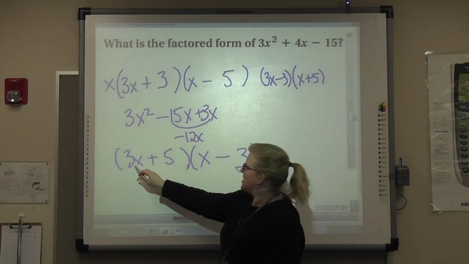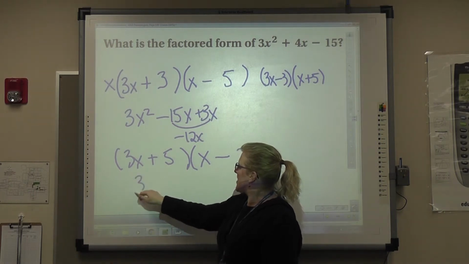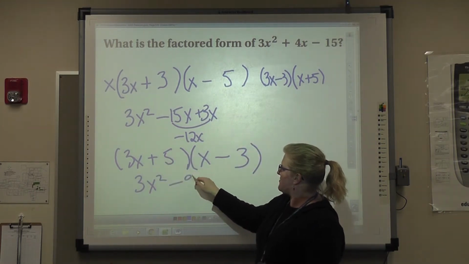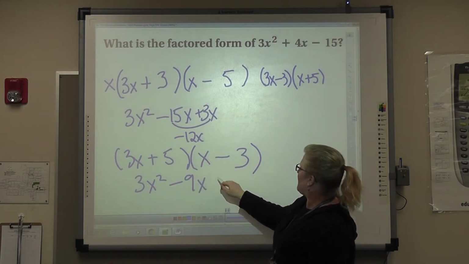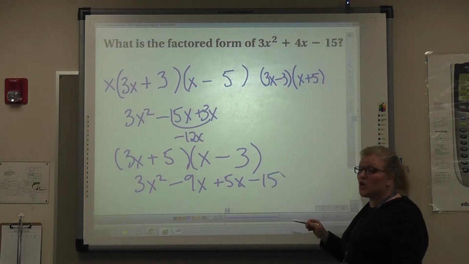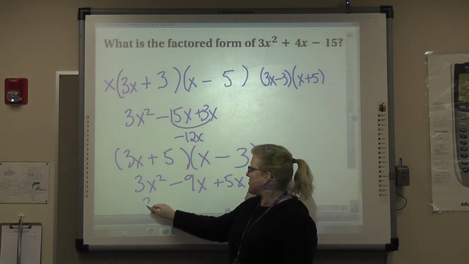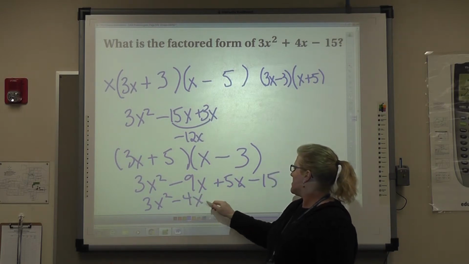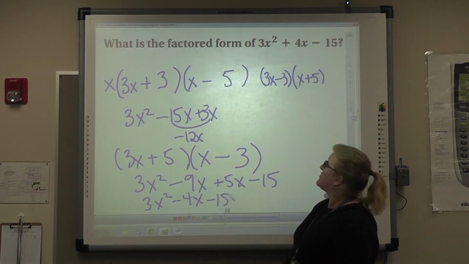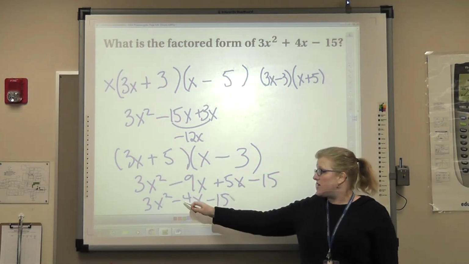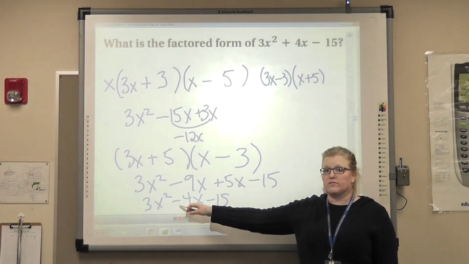So let's try that. 3x times x, 3x squared. 3x times negative 3 is negative 9x, plus 5x minus 15. Okay, I'm getting closer. I've got 3x squared minus 4x minus 15. I'm really close. It's just this thing right here.